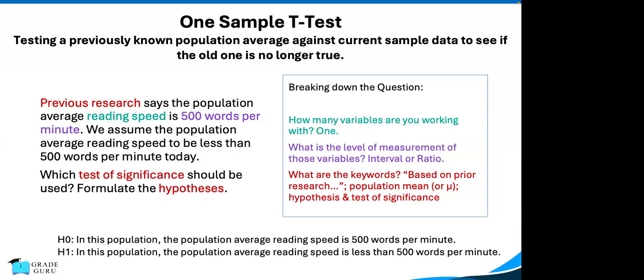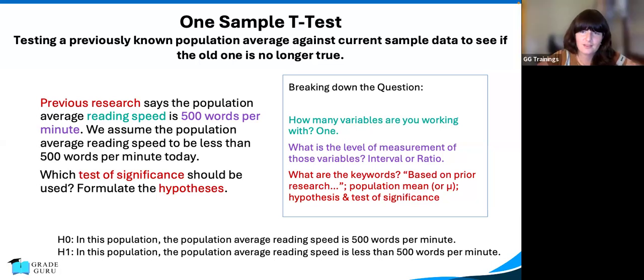Yes. Okay, so that's the only use of it. Thank you. So all of these tests of significance that exist are not for funsies. They're not because researchers want to make their lives complicated. It's actually because you have all sorts of variables in the world, and there's all sorts of things that you'd want to test, right? Look at things from a different perspective. So this is the only purpose the one sample t-test serves.